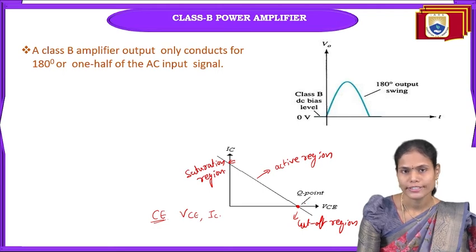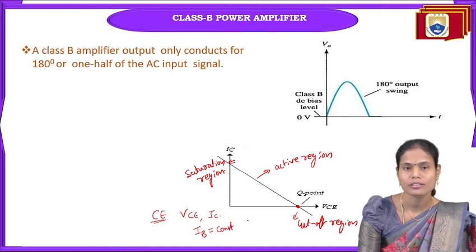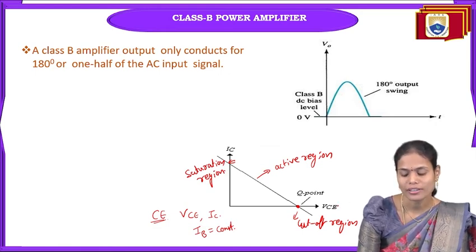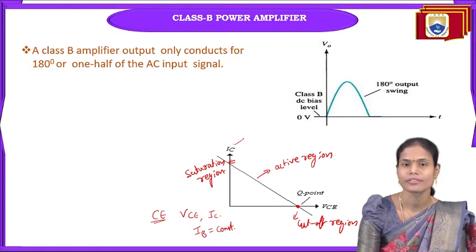While drawing these characteristics, we have to maintain the input current at some constant value. If you maintain different constant input currents and vary the VCE voltage, we will get the corresponding IC current.